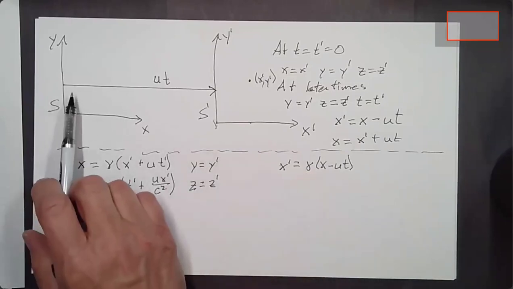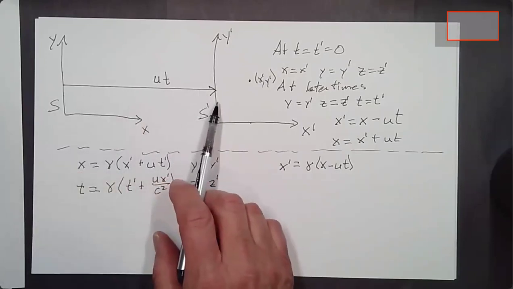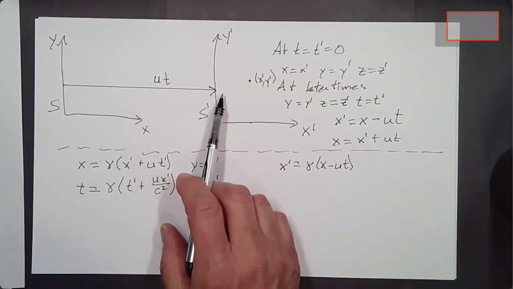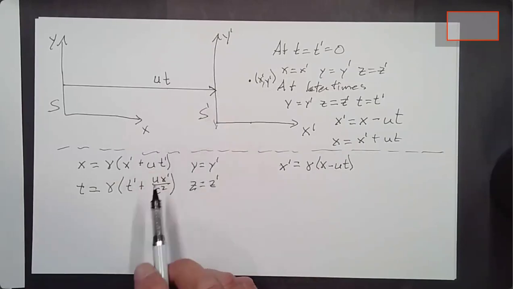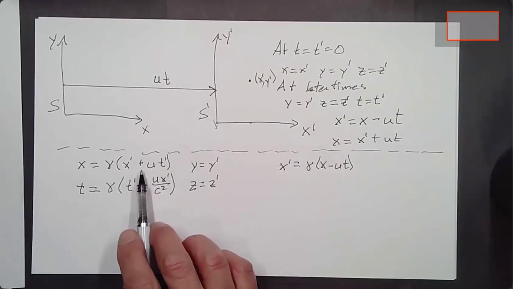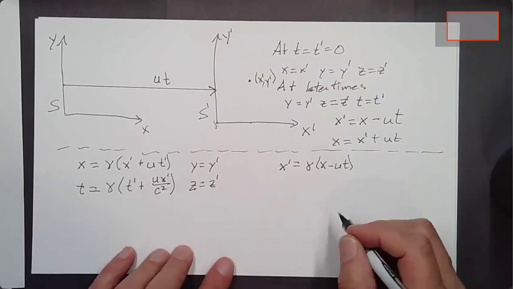Now, we have a velocity that's taking the primed coordinate system to the right, toward the positive x direction. We could have it going in the opposite direction, in which case the terms that involve u would have their signs switched. So this would become a minus and this would become a plus.